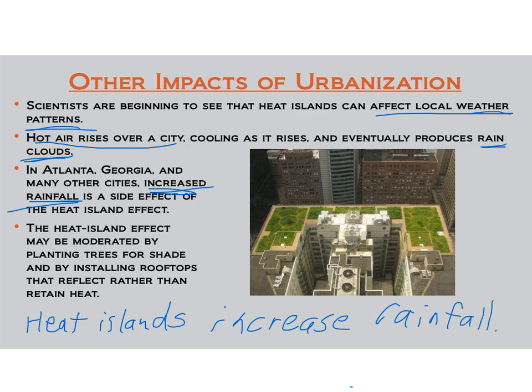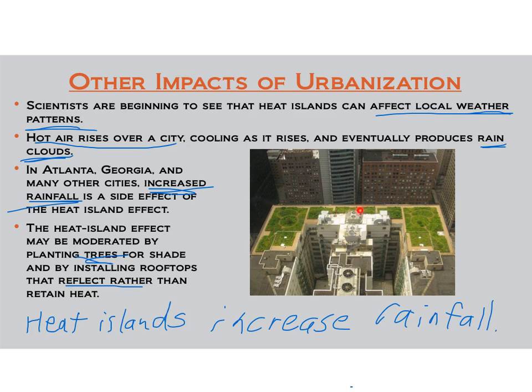One of the things we can do is plant trees or install eco rooftops. So you can see over here, a normal rooftop, dark in color, absorbs and radiates a lot of heat.